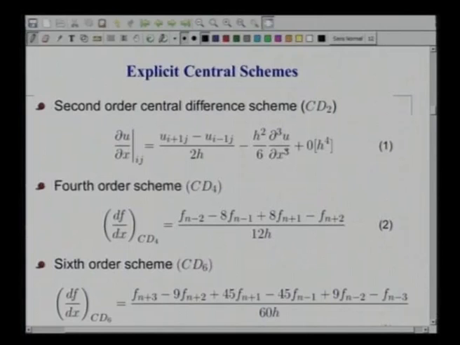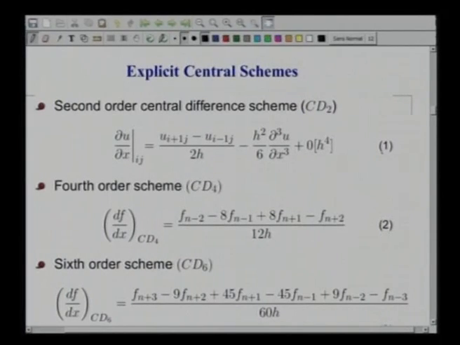The same way we can also obtain a fourth order scheme that would involve more number of points. The essential point that you notice is that migrating from a second order scheme to a fourth order scheme, your stencil size becomes bigger.